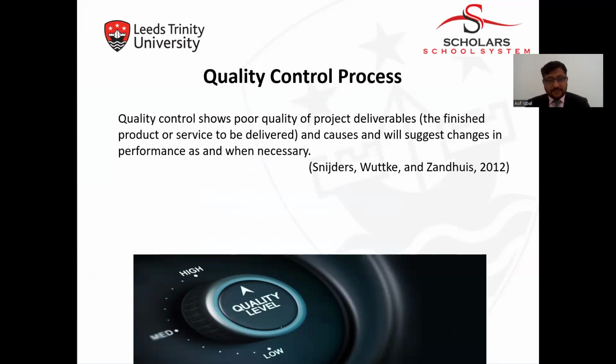Quality control processes. Quality control shows poor quality of project deliverables. The finished goods are supposed to be delivered, and causes which just change the performance as and when necessary.